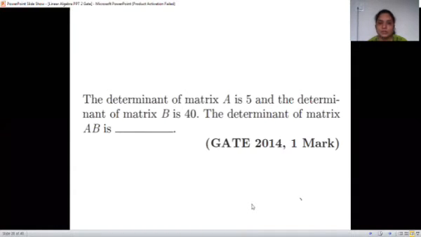Come on, fast. Very easy if we know the formula. What is the formula? Mod AB is equal to, a determinant AB is equal to.